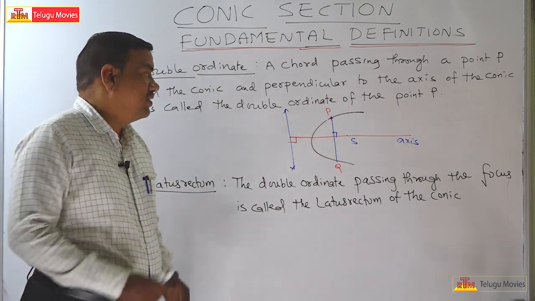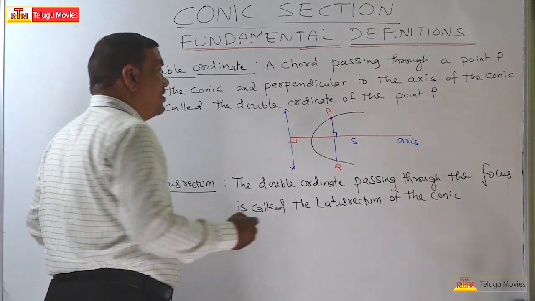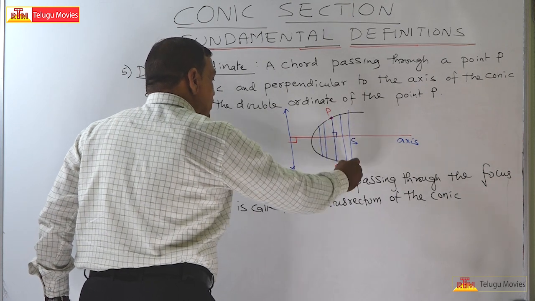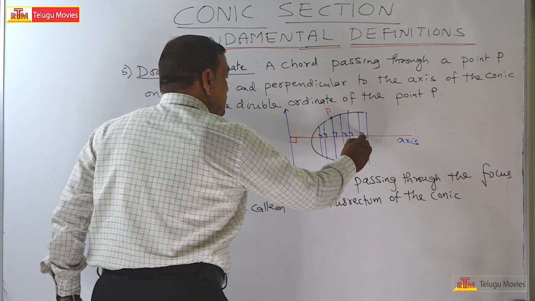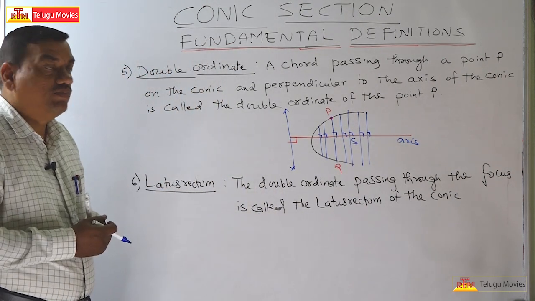Or simply we call it a double ordinate. How many double ordinates can we get? We will get an infinite number of double ordinates. This is a double ordinate, double ordinate, double ordinate. All are perpendicular to the axis of the conic.